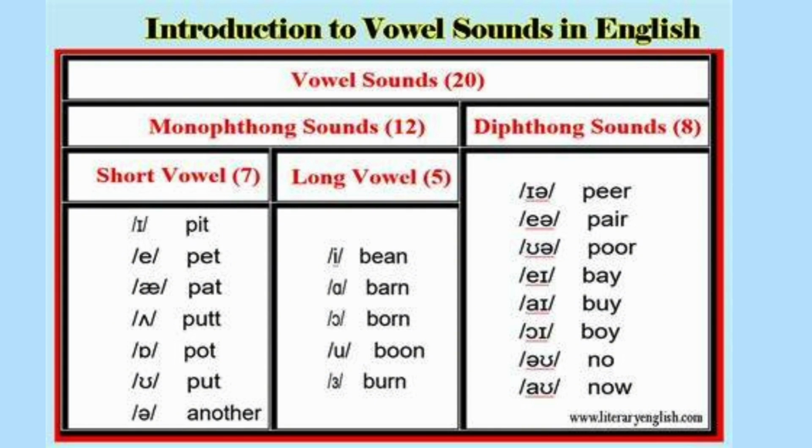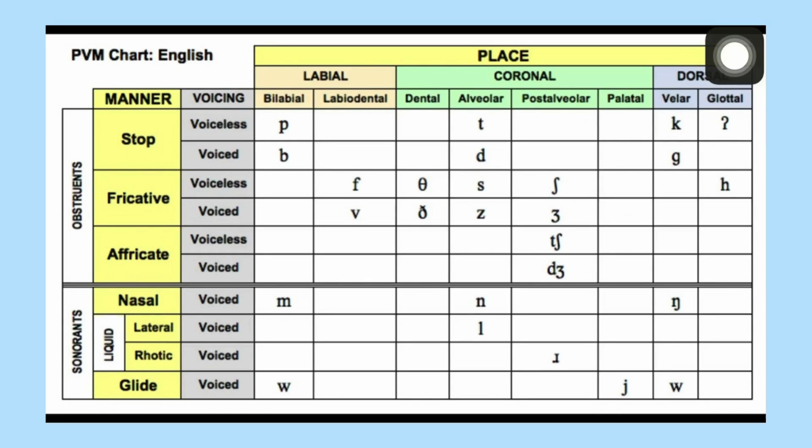For put, P-U-T, the monophthong symbol that we use is as given in the table. For pot, again we have the symbol for o. Then put has the u sound. Similarly, for the longer vowels and diphthongs, you have to learn the table almost by heart, so that you can identify the words and the symbols that we use to write the sounds.